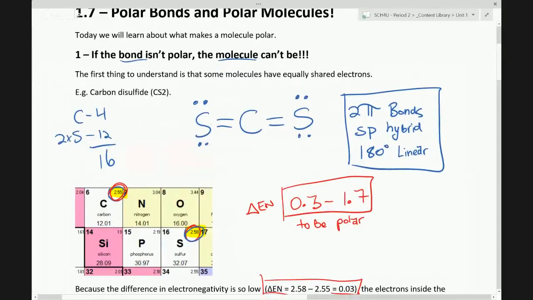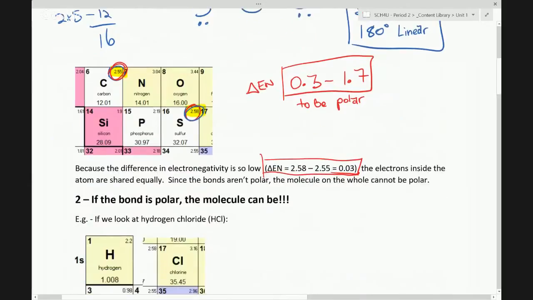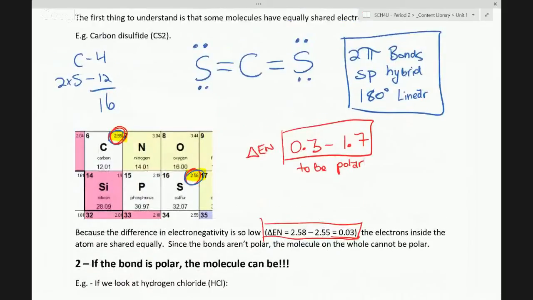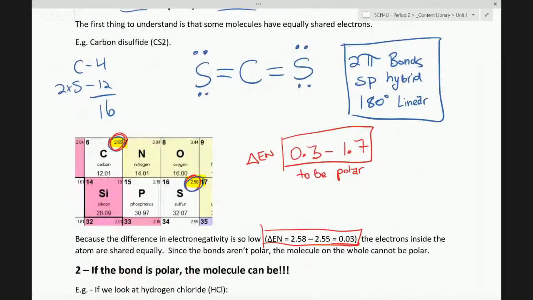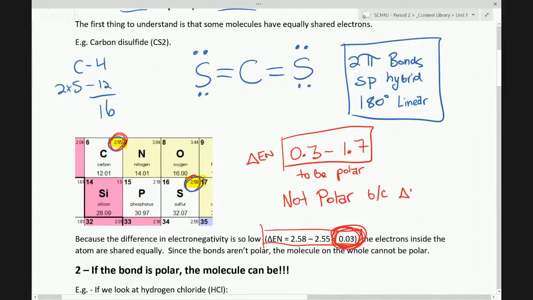So the bond between sulfur and carbon isn't polar, and so the molecule on the whole can't be polar. And I hope that makes sense. So when we draw a diagram, we don't have to ask anything else. If we look at the difference in electronegativity and it's very, very low like this, we can say this is not polar, because the difference in electronegativity is too low.